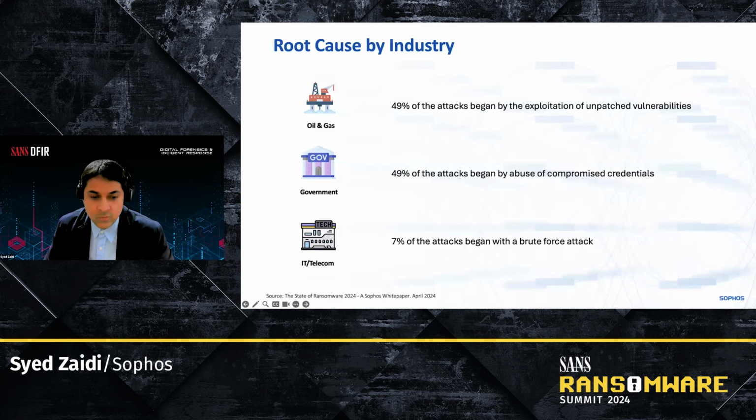In government, you may see lots of devices on legacy operating systems, and compromised credentials, because they reuse passwords on other platforms, and then threat actors can take those and launch the attack. And in the IT and telecommunication industry, 7% of the attacks are through brute force. They patch things and they have good credentials, but still they are the target of the attackers.